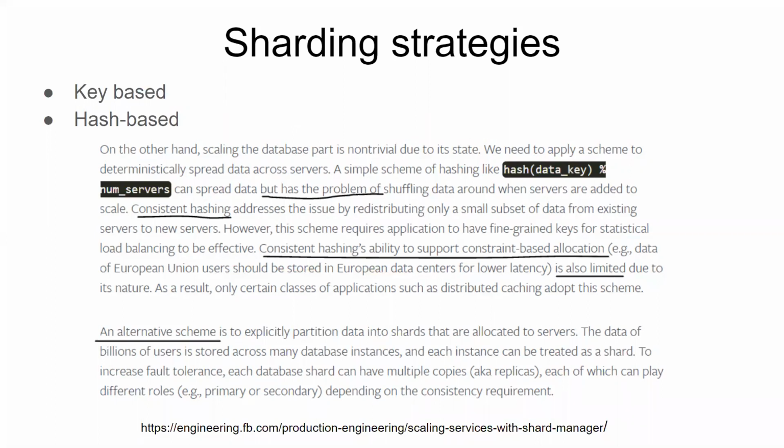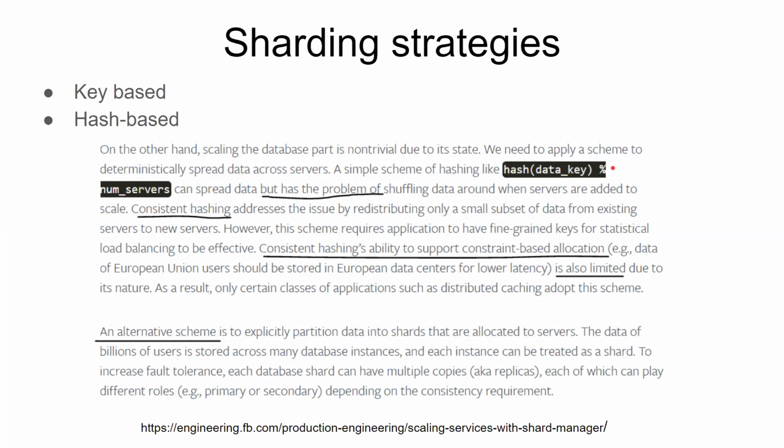But I picked up this snippet from the Facebook blog where they talk about how this has limitations, because you may have constraints around locality. For example, they gave the example of the European Union. So the support for hashing there is limited: how much can you control where your data is placed if you just go by a pure hashing-based approach?